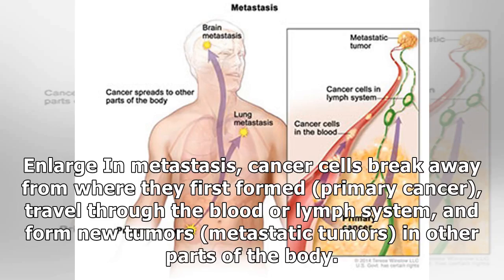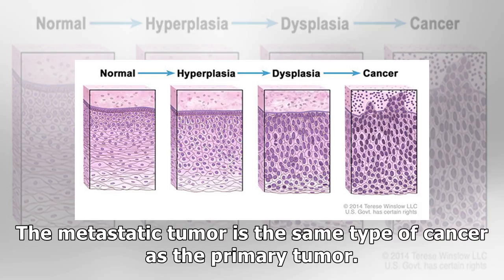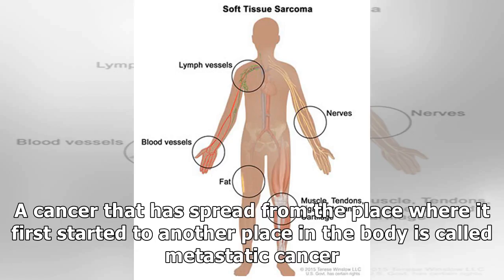In metastasis, cancer cells break away from where they first formed, the primary cancer, travel through the blood or lymph system, and form new tumors, metastatic tumors, in other parts of the body. The metastatic tumor is the same type of cancer as the primary tumor. A cancer that has spread from the place where it first started to another place in the body is called metastatic cancer.